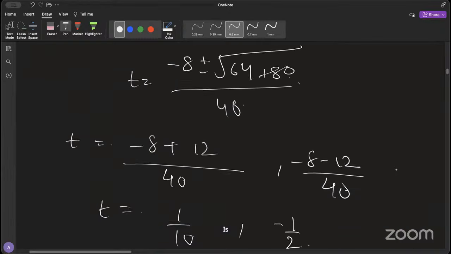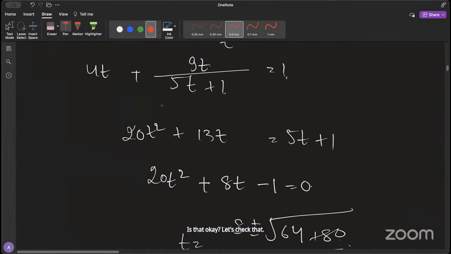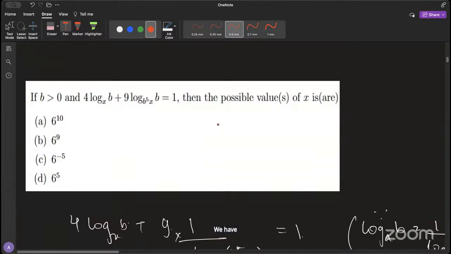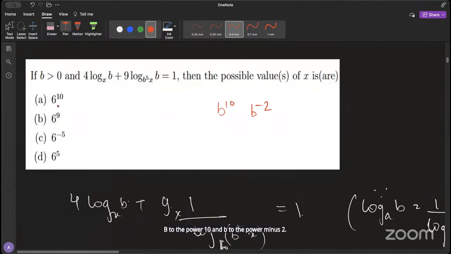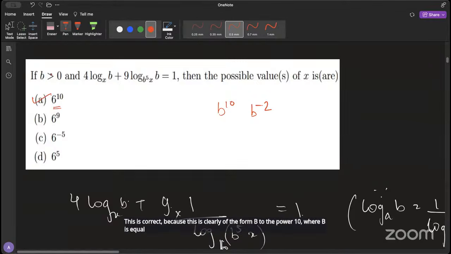Is that okay? So let's check that. We have b to the power 10 and b to the power minus 2. So this is clearly of the form b to the power 10, where b is equal to 6 and 6 is greater than 0. So that's fine. Then this one, 6 to the power 9.